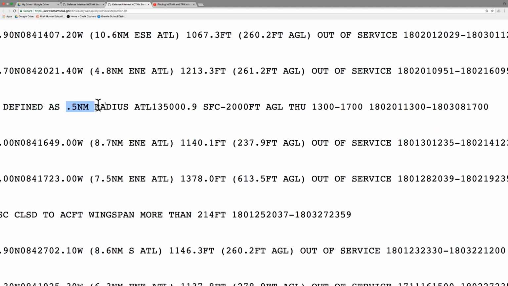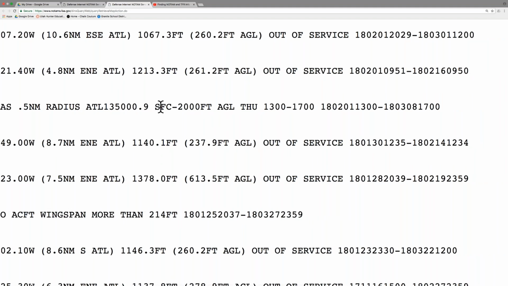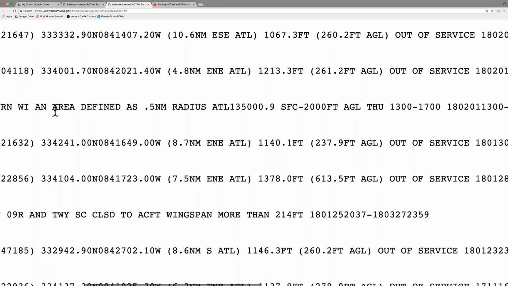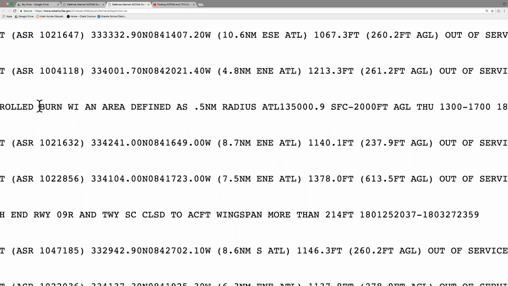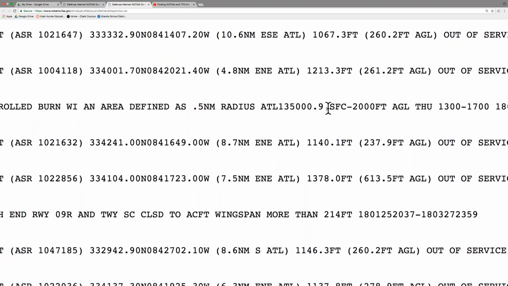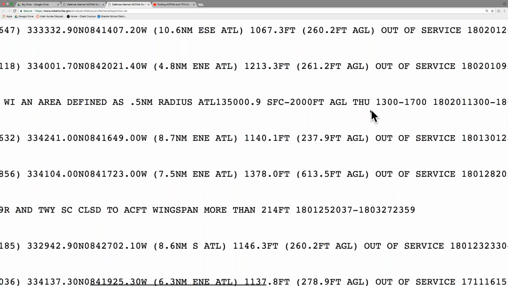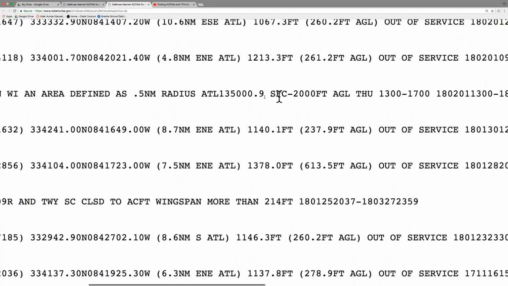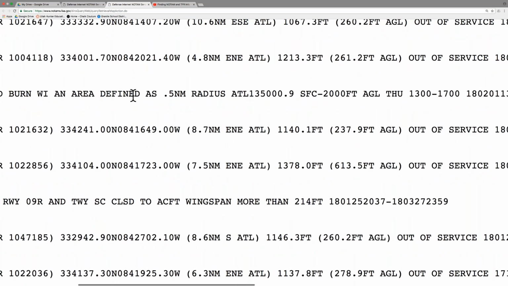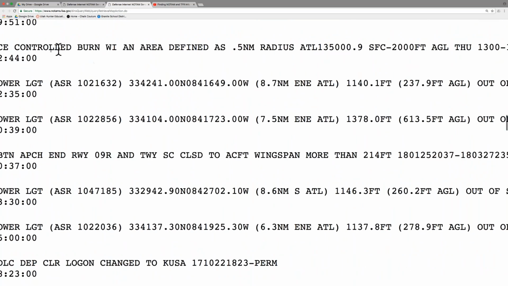So it's just telling us that a half-mile radius of these coordinates, or Atlanta, from the surface to 2,000 feet AGL. So it's just telling us that in this defined area there's going to be a burn, from the surface to 2,000 feet AGL. So they're going to do a prescribed burn, basically. So not really a concern for us as dispatchers.